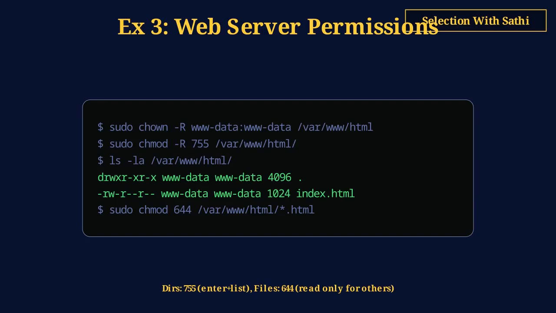Directories start at 777. 777 minus 027 equals 750, which is rwxr-x---. This is a more restrictive umask than the default 022. Others get zero access to anything, good for shared servers with multiple users.